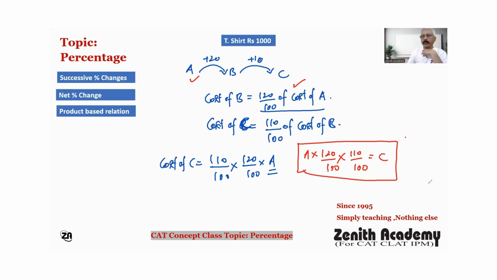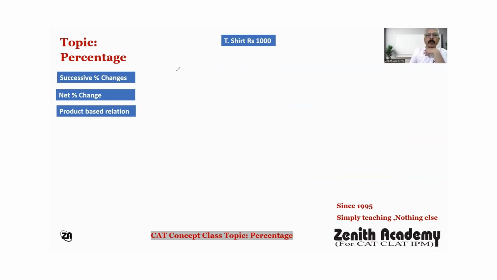Like suppose a manufacturer A sells his product to B at a 10% profit, and B sells it to C at a 20% profit. C sells it to D at a 10% loss, and D sells it to E at a 5% profit.